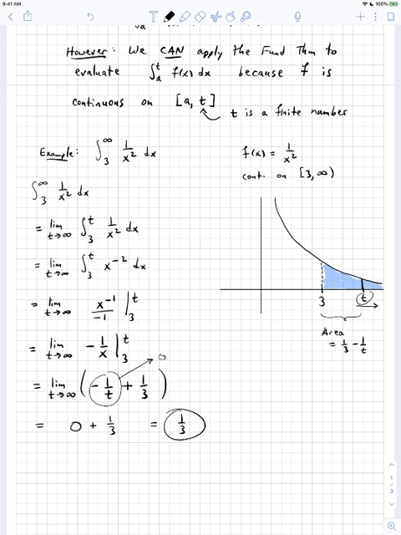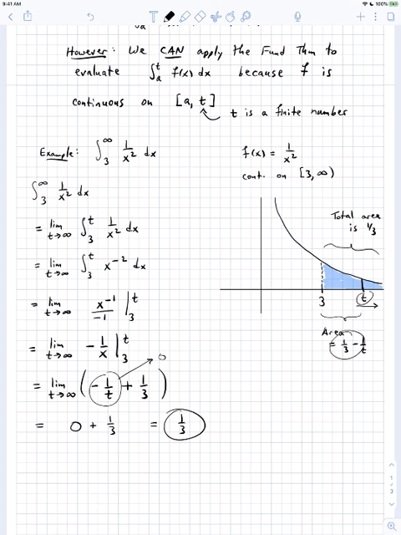So the area of the whole region, the total area, is 1/3. If you go from 3 to t, it's going to be 1/3 minus 1 over t. And it depends on t, because if I move t along, that means I'm going to be subtracting something smaller, until towards infinity the thing that you're subtracting is so small that it doesn't contribute anymore.